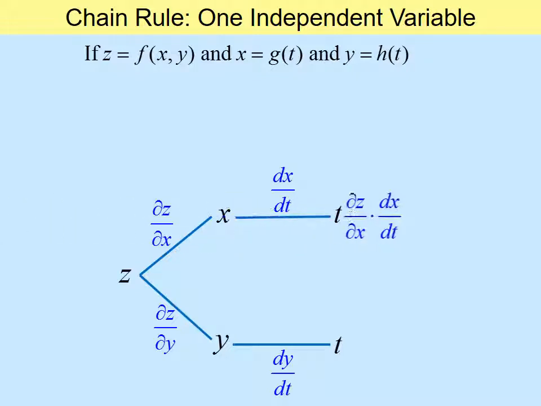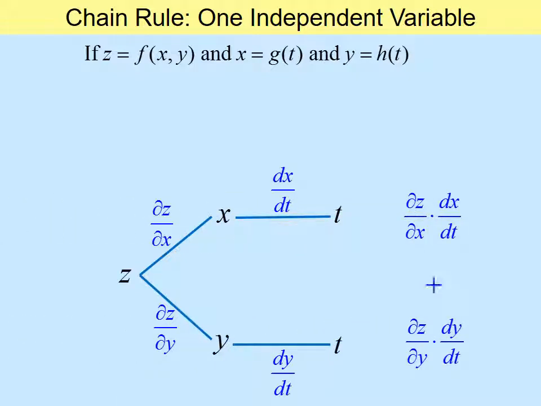Now, if we want to do the derivative of z with respect to t, we can get from the z to the t by going from the z to the x, and then from the x to the t. We could also go from z to y, and then from y to t. So these are the two branches where we can get from z to t going through the derivatives.